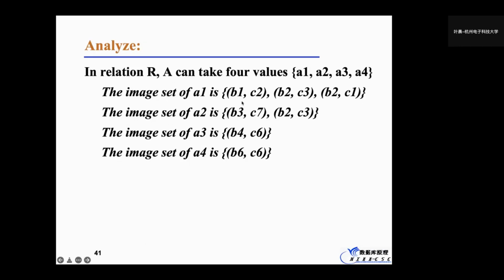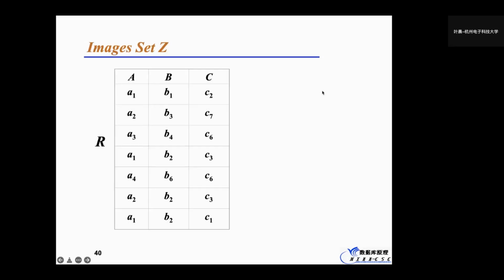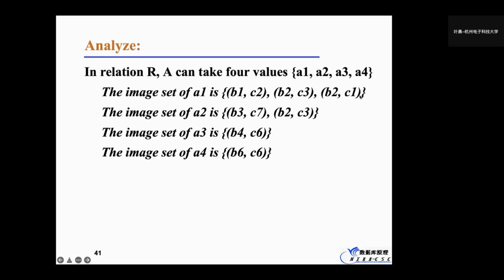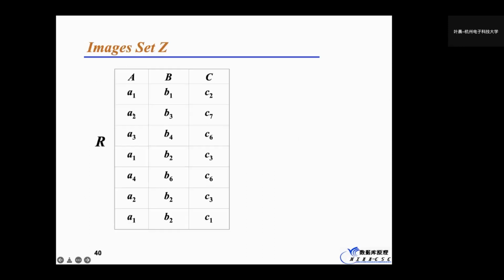We can see A1 can be (B1, C2), (B2, C3), and (B2, C1). And the image set of A2 is (B3, C7) and (B2, C3). Here we can see this and this. For example, we have got the image set of all four values.